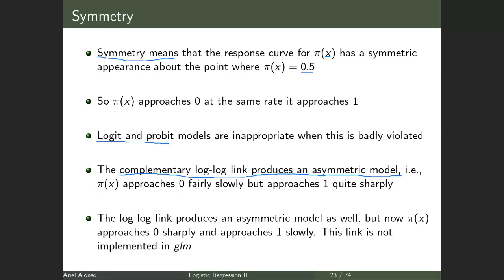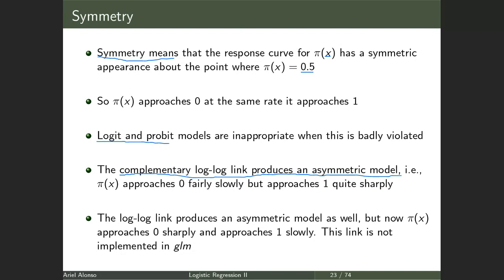But when you increase the dose, you have a very toxic agent. Decreasing the dose, people will not get sick, but slowly. It really takes time to get to 0. Whereas increasing the dose makes the probability go sharply to 1. It's a very toxic agent. That would be the complementary log-log.